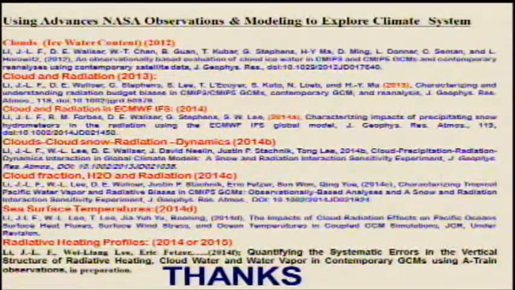Then, if you consider those weaknesses, that is going to bring you issues and bias in the radiation. If the radiation vertical structure has some problem, then the dynamics should have some impact. Then the next one will be the ocean SST.